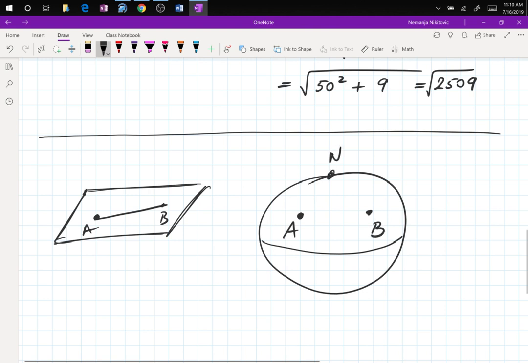You have the North Pole over here and the South Pole on the bottom. The shortest distance on the curved space is what we call a geodesic, which is a line that you get when you draw the plane between two destination points, say New York and London.